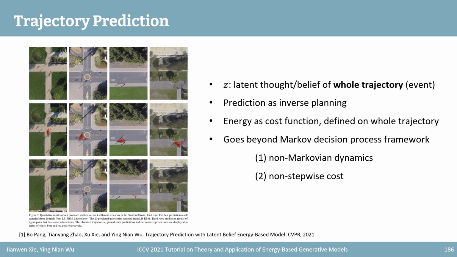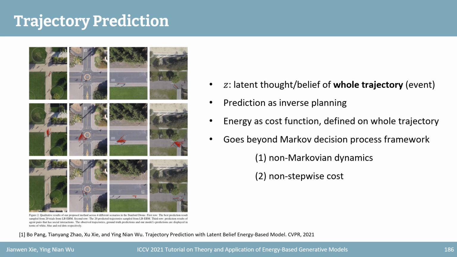Instead of learning an autoregressive model, very much like a policy network, we actually learn the value for those agents, those pedestrians. This is encoded by f_alpha(z), the negative energy function defined on z. This is like a value or a cost, but it is defined on the whole trajectory through the latent belief vector.